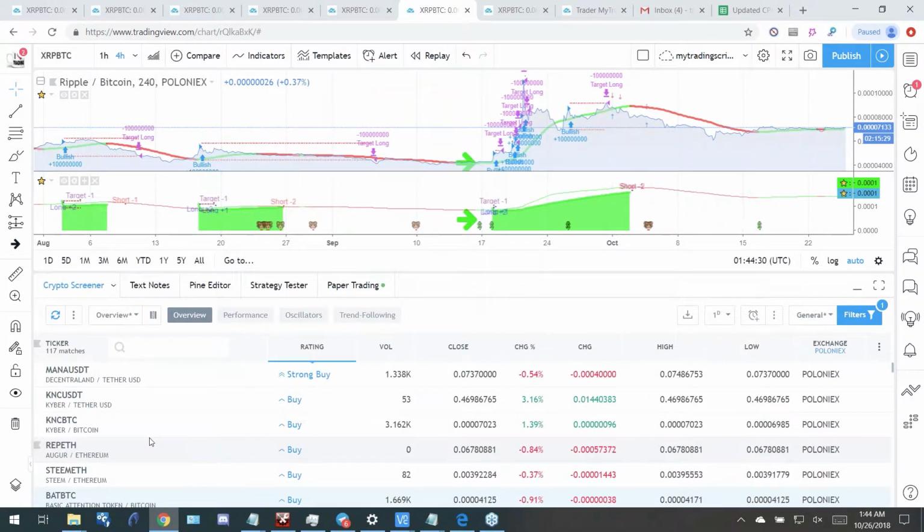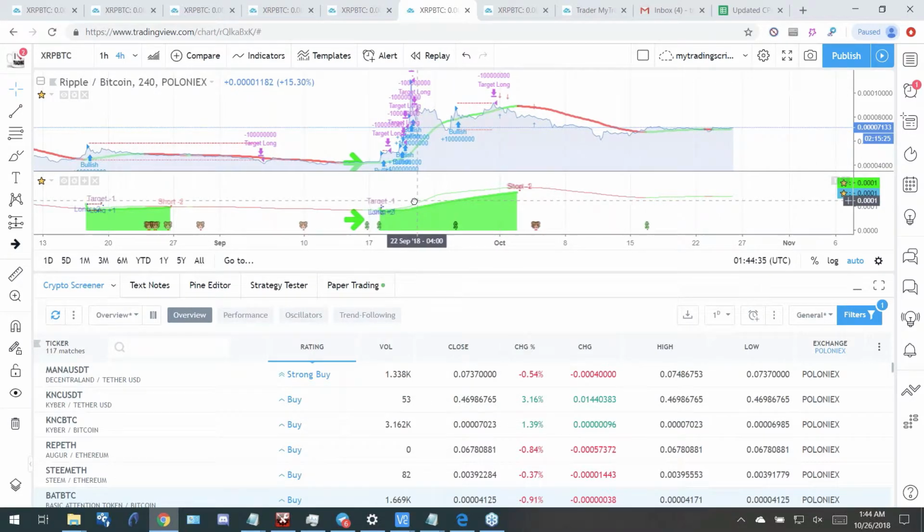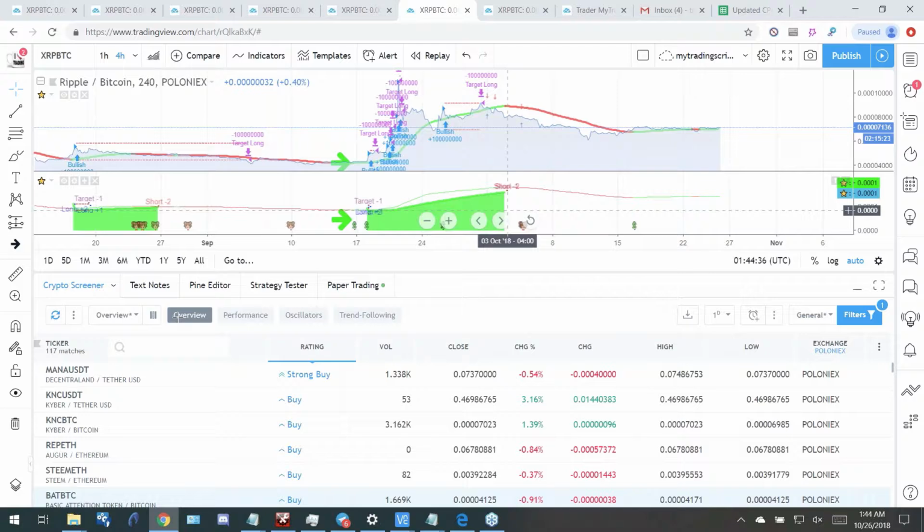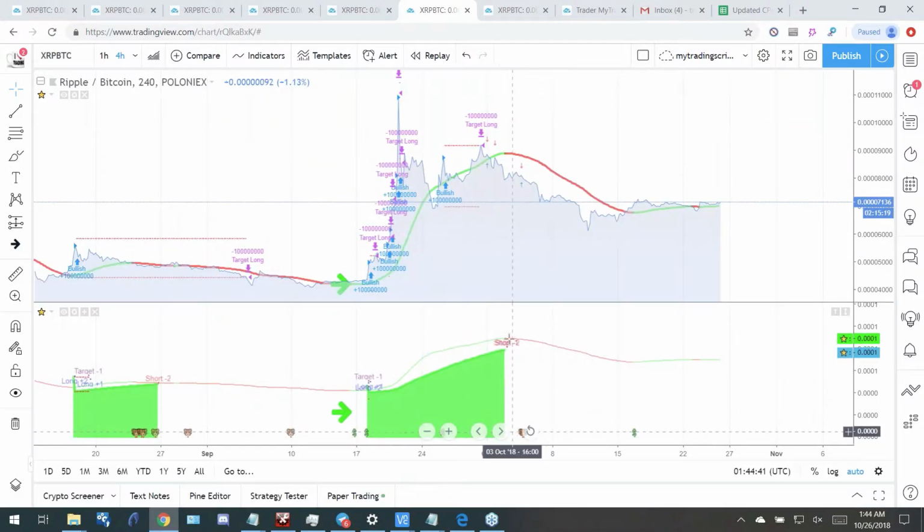I like Binance because they have the number one volume. I like Polo and Binance, but either one is good. The whole thing is that you can utilize this functionality within TradingView and build yourself a portfolio of maybe 20 quality markets on the 4 hours.